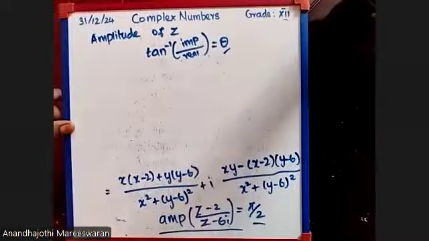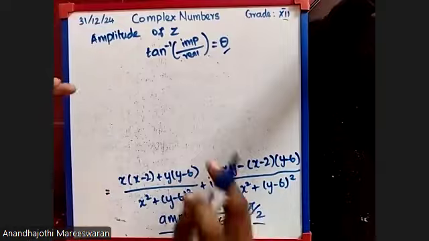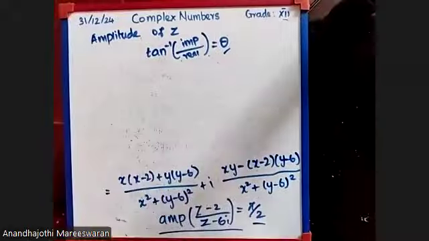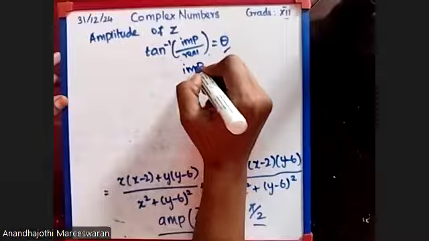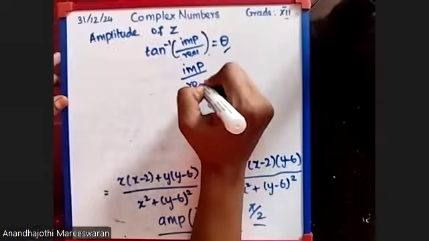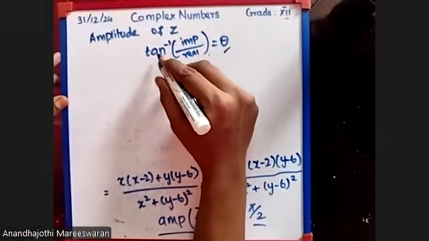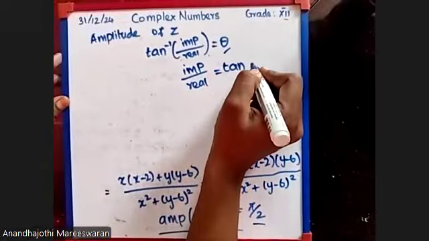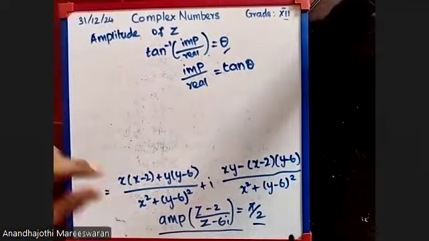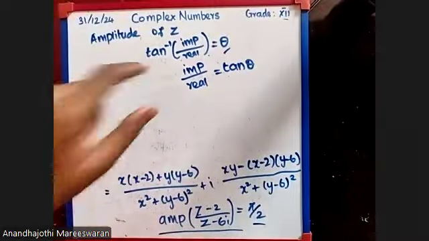If we substitute this directly here, it will be much more clumsy, so I'm going to replace it a little bit. Imaginary part divided by real part equals, with tan inverse going to that side, it becomes tan theta. Now we substitute these things here.